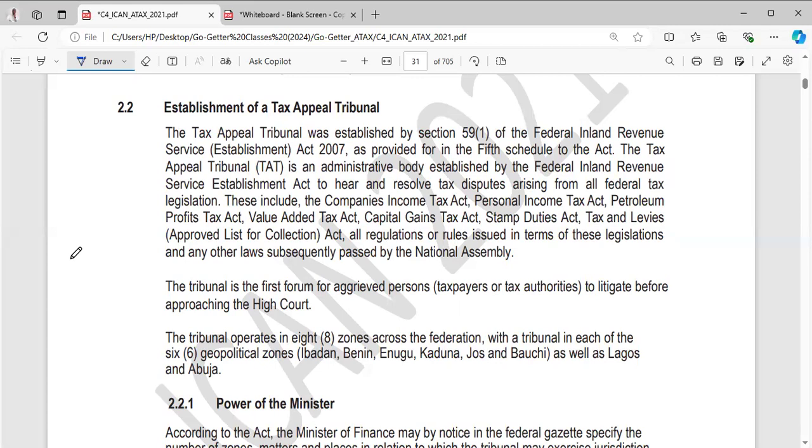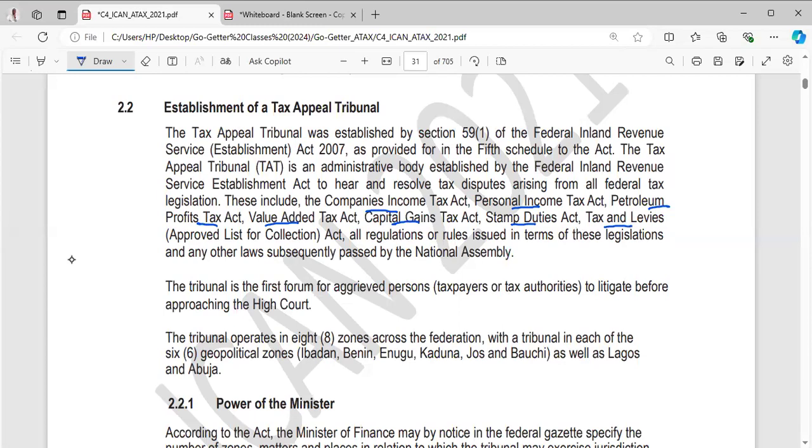Now, this appeal tribunal is powered by law to hear and resolve tax disputes that arise from company income tax, personal income tax, Petroleum Profit Tax Act, Value Added Tax Act, Capital Gains Tax Act, Stamp Duty Tax Act, Taxes and Levies Approved for Collection Act, all regulations or rules issued in terms of this legislation and any other laws subsequently passed by the National Assembly.